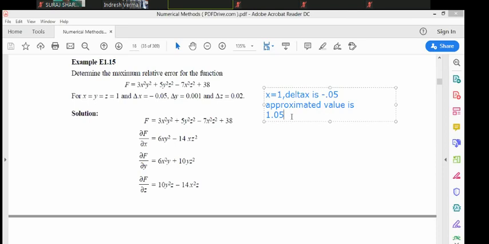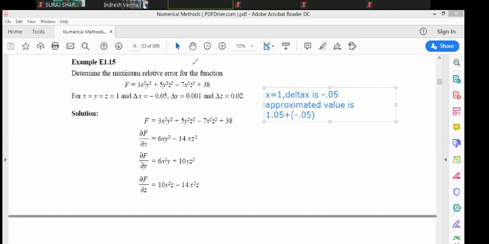This will be plus minus of 0.05. This quantity is minus. So I think this is one way of understanding the problem.